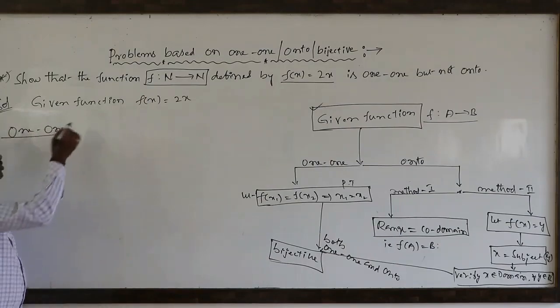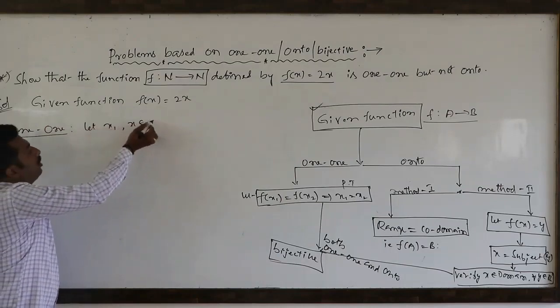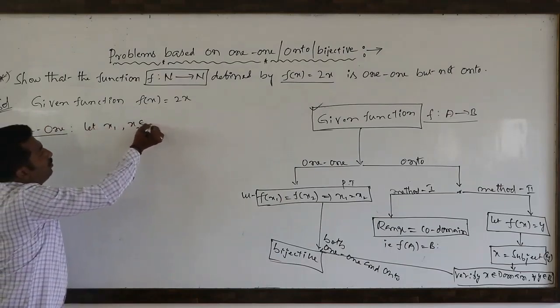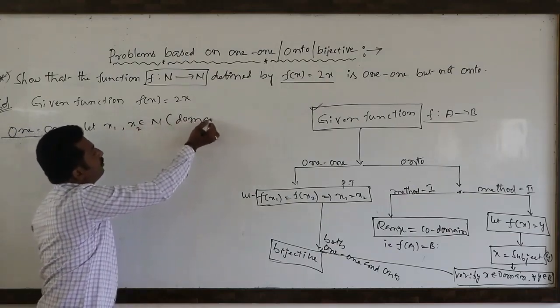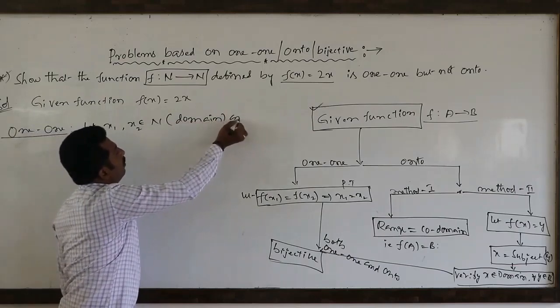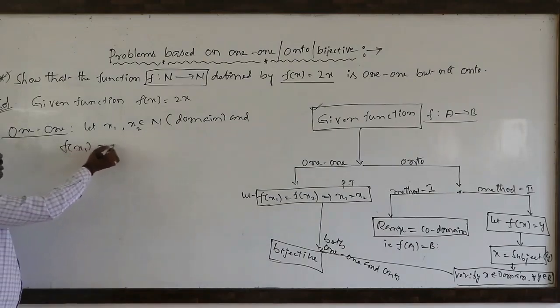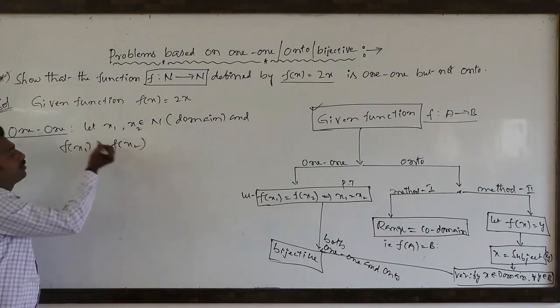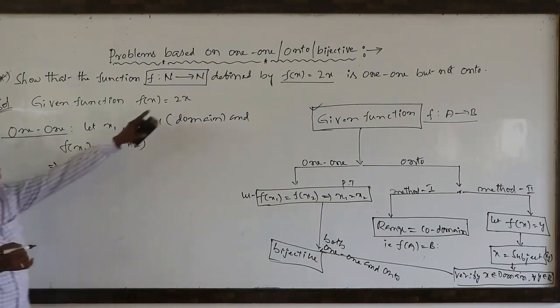What is the procedure here? Let x1, x2 belong to the domain. What is the domain? Natural numbers, we have to consider. And also we assume f of x1 is equal to f of x2. So f of x is nothing but 2x.